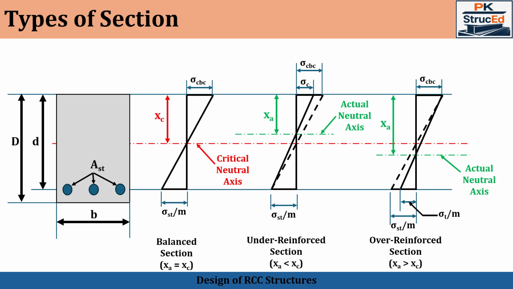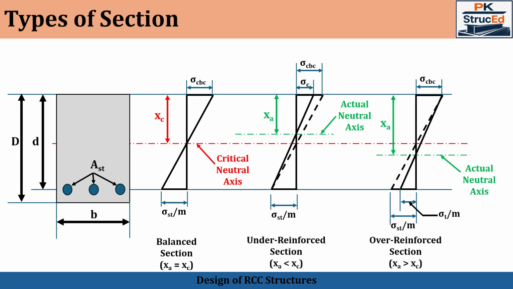Now let us discuss the stress distribution. Under the working stress method, we make a fundamental assumption that both concrete and steel behave as linearly elastic materials within the working load range. Because of this assumption, stress is directly proportional to strain, and the stress distribution across the depth of the beam becomes linear.